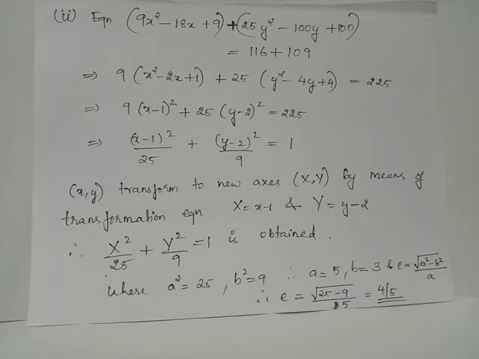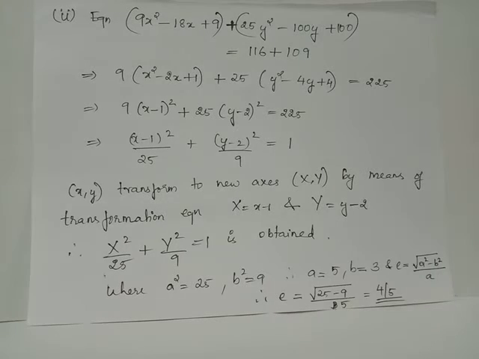That is, equation of directrices will be X = ±25/4. The length of latus rectum, which is independent of any choice of axis, will be 2b²/a, where b² = 9 and a = 5. Therefore, length of latus rectum will be 2 times 9 divided by 5, which is 18/5, which is 3.6.